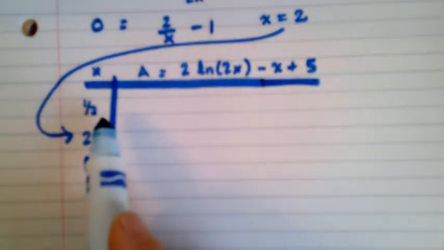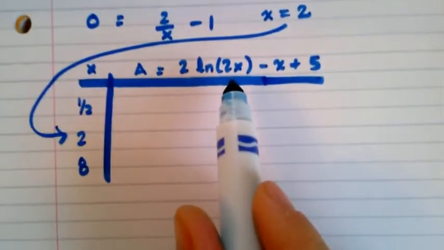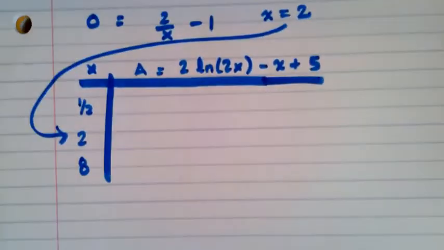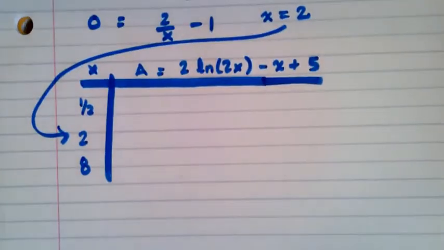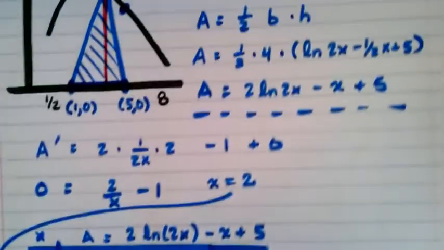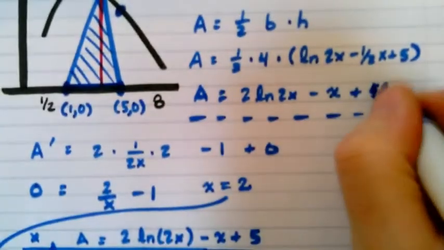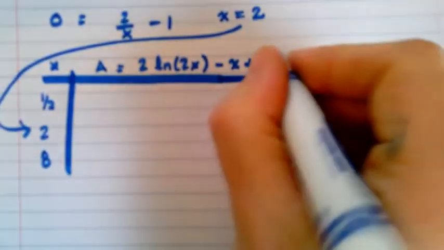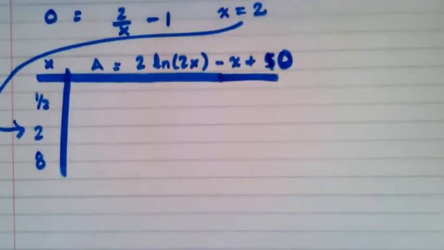So we're going to plug all three of those into this equation. Just realized that I made a little boo-boo up here. This should have been a 10, which means that this should also be a 10. I don't think that's going to change the answer one way or the other.